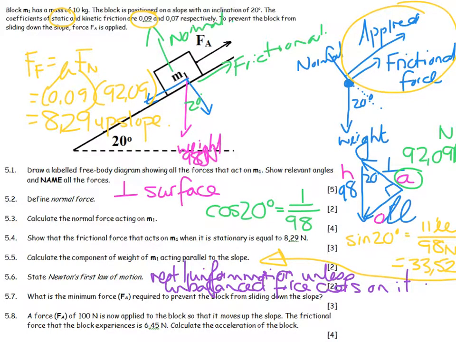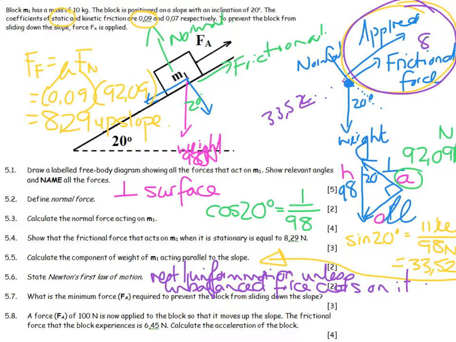What is the minimum FA? So we know that we have got a total force. These two forces over here must equal the downward component of weight. So they are going to have to equal 33,52 because everything's stationary.